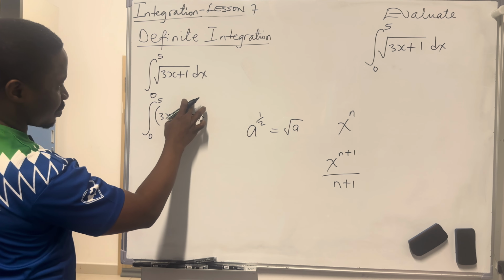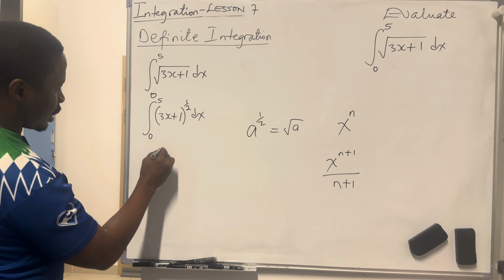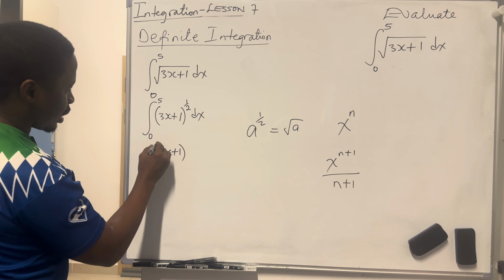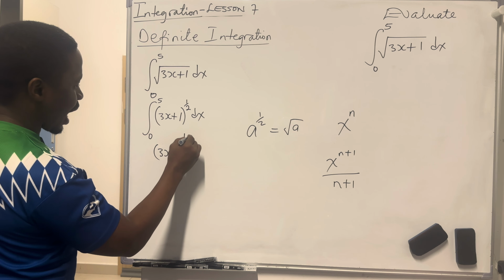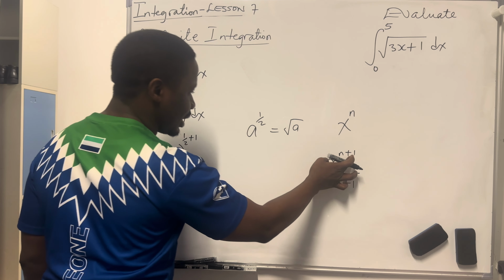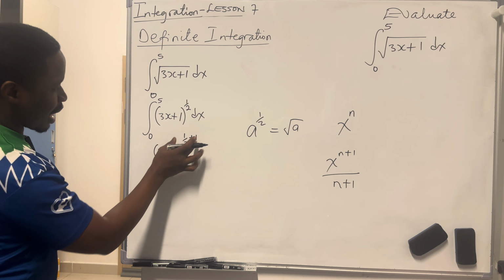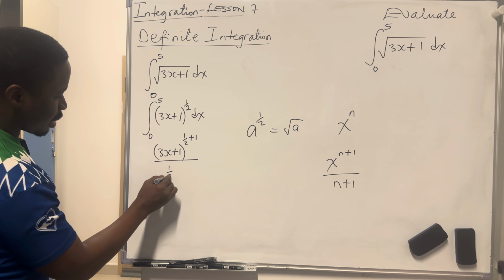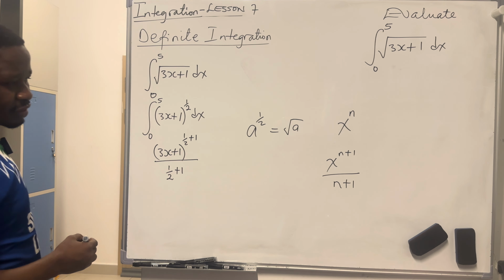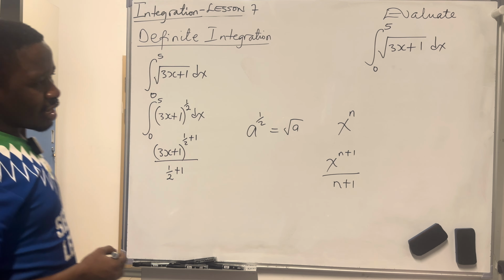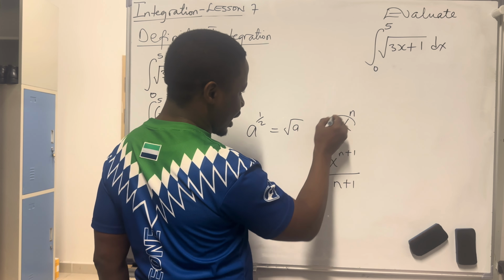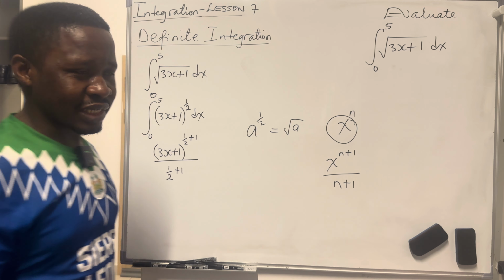So here again, what is the power? The power is half. So we say 3x plus 1, the power is half. We add 1 to it, just like we did here, and we bring down half plus 1. I hope it is clear. But what is the base here? The base is x.